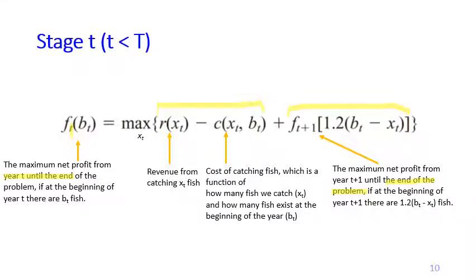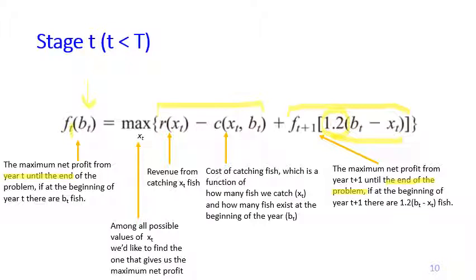Now here you see that the state changes from bt to become 1.2(bt minus xt). Remember, this is our aspect tree, which says that we have bt fish at the beginning of this year, we catch xt of them, but then at the beginning of next year, that number will suddenly be multiplied by 1.2.